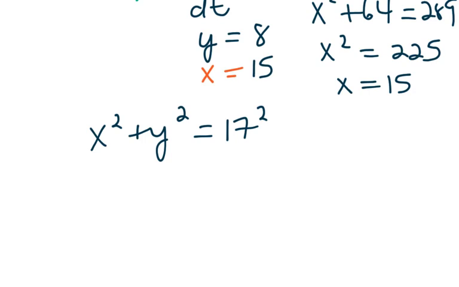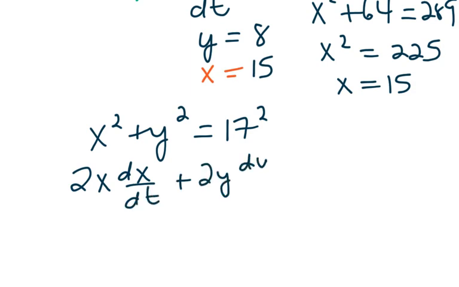Let's differentiate that with respect to time. So I have 2x dx/dt plus 2y dy/dt. And since 17 squared, which is 289, is a constant, its derivative just equals 0. So that worked out nicely for us.